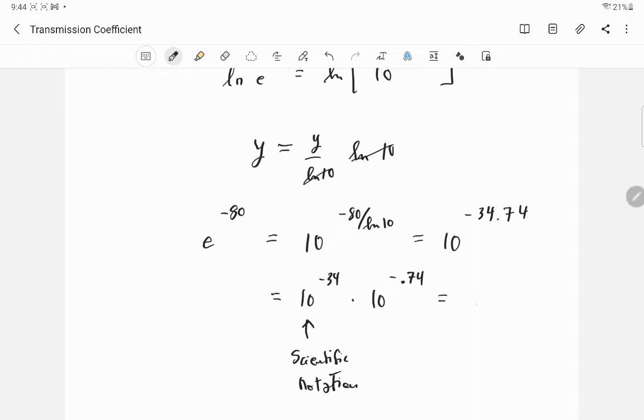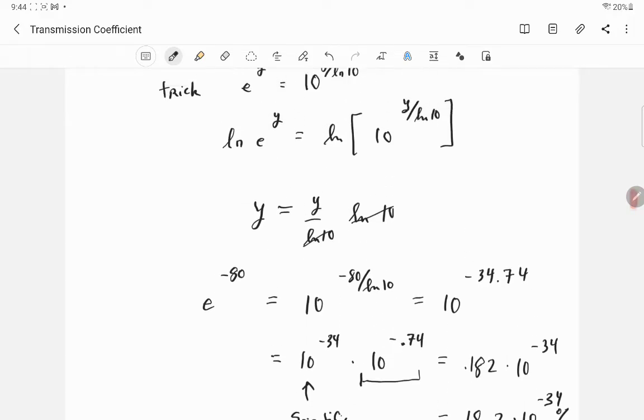So this is 0.182 times 10 to the minus 34, right? So this thing right here is 0.182. And if I want to understand this in terms of a percent, this looks like, for example, 18.2 times 10 to the minus 34%.